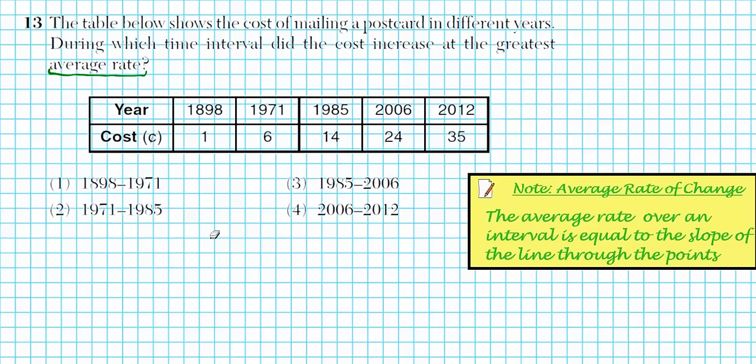So let's start off by writing down the formula that we're going to be using for this problem. I'm trying to keep the notation easy for you so you can remember how to do it on the day of the Regents exam. So the average rate is simply y2 minus y1 over x2 minus x1. Okay?